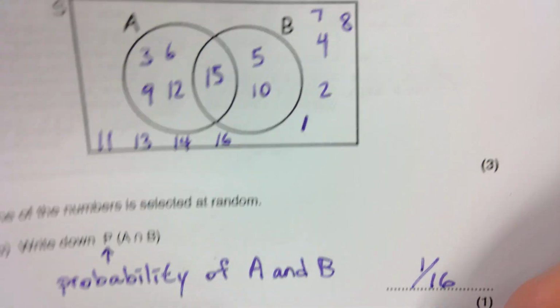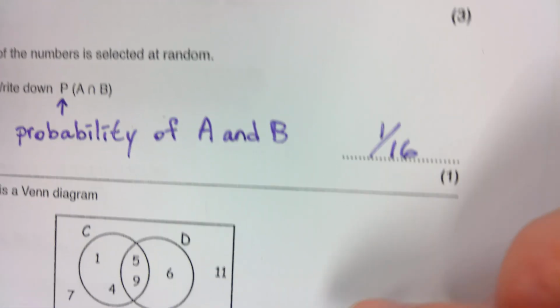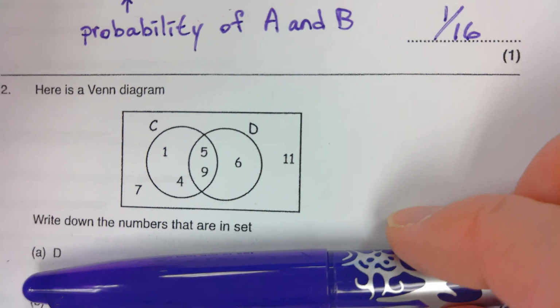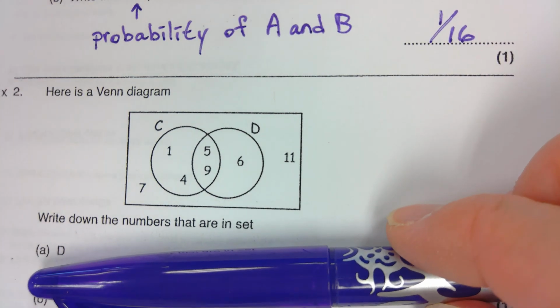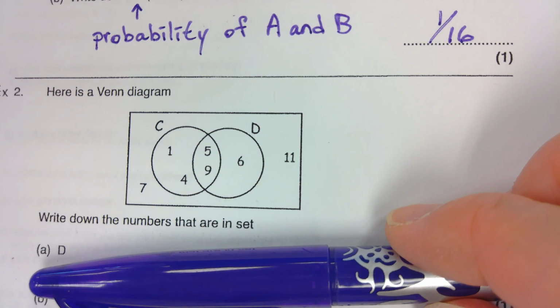Okay. Let's try example 2. When you're given a Venn diagram, write down the set that are in set D. Okay, what are the numbers in set D? All right, this is a tricky question. Let's see.